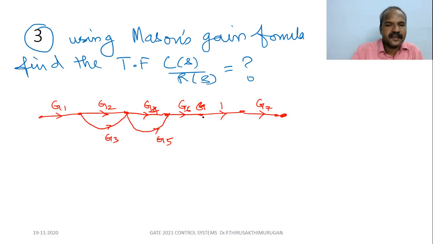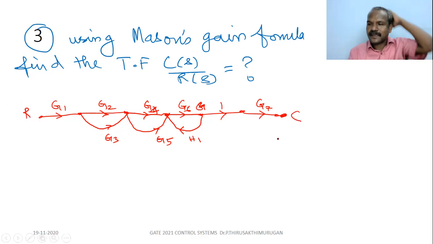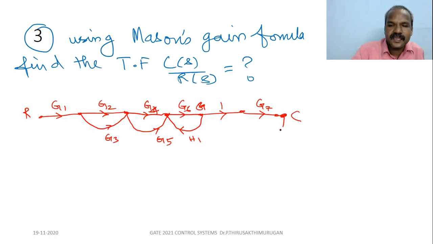From here across, this can have a feedback. Let us have a feedback H1. So G1, this is R of S, or this is C. Another feedback is across here. This is H2.